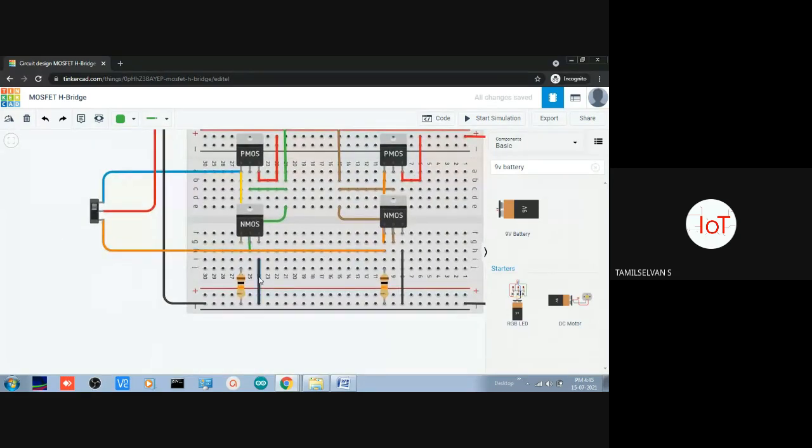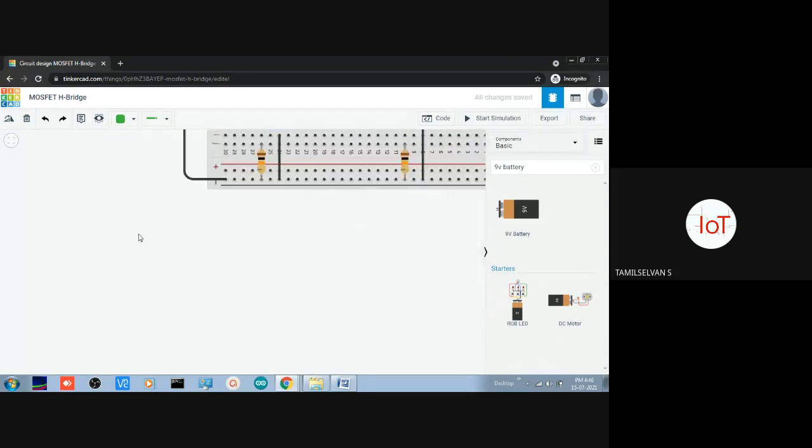Okay, so it is a 0 voltage. So the 0 is going via this green line. Via this NMOS the 0 voltage will be propagated to my motor, and via the upper-side PMOS it will carry the 9 volts to my motor. Okay, so I hope the screen is visible and you can understand.